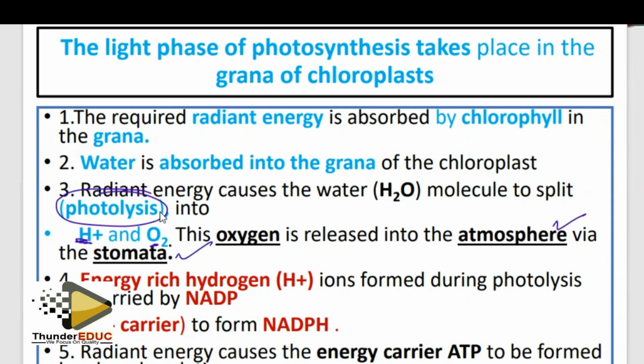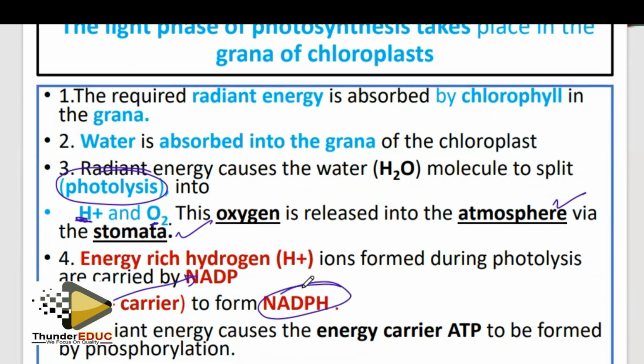So now the energy-rich hydrogen, or the energized hydrogen, formed during this process of photolysis is then carried by NADP, meaning that it's going to be attached to NADP and forms NADPH. So now it's the NADPH which moves to the dark phase.